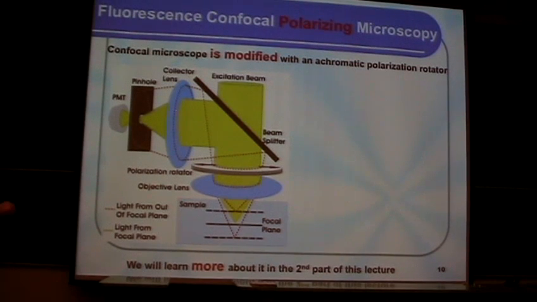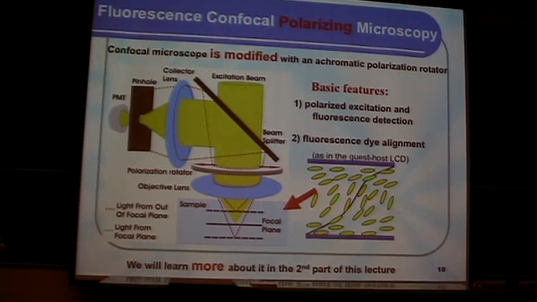This device will simply allow you to not only control polarization of excitation light, but also the polarization of detected light, and therefore one can obtain information about not only spatial distributions of different chemical components in the sample, but also about patterns of molecular orientation, such as those of liquid crystal molecules in materials similar to nematic liquid crystal fluids shown in here.